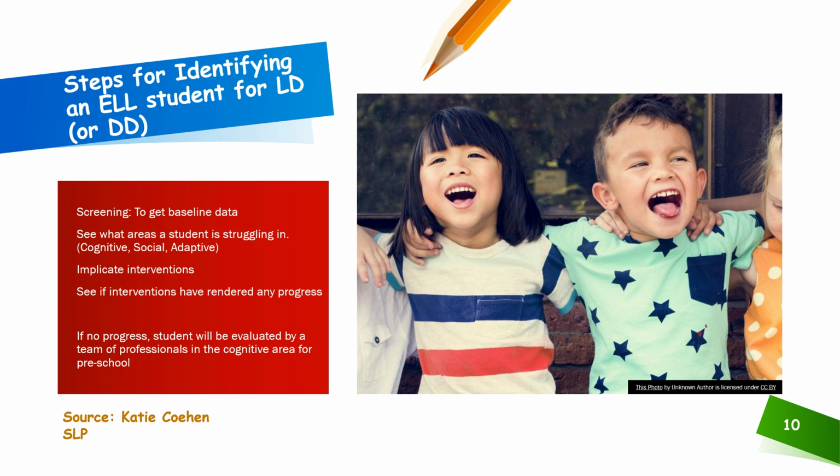If there is no progress, the student will be evaluated by a team of professionals, usually a speech language pathologist if necessary, the special education teacher, or a coach of some sort. The general education teacher usually gets to put in some feedback for that student, but is not part of the process necessarily, but they do get the results.